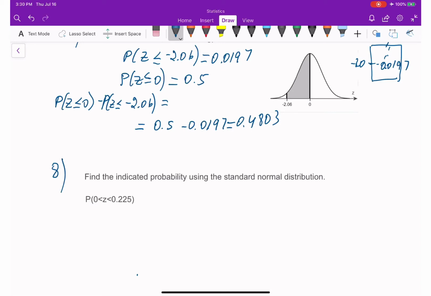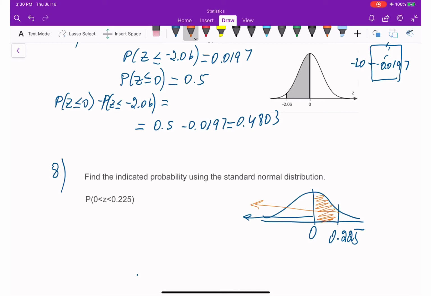All right. So 0 and 0.225. Z-score equals 0, that's right in the middle, the average, and let's say 0.225. So I need to find this area, and then I need to find this area, and subtract from each other, and I will get the shaded area.